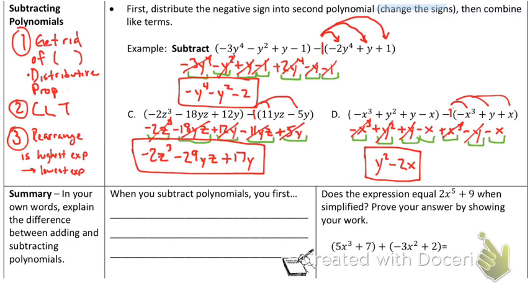So essentially, you do the same steps for subtraction as you do for addition. Like I said, the common mistake that I always see is students struggle with the signs, or they go too quick with the signs and mess up or add or subtract incorrectly.